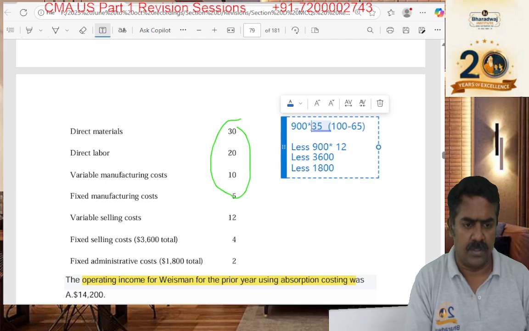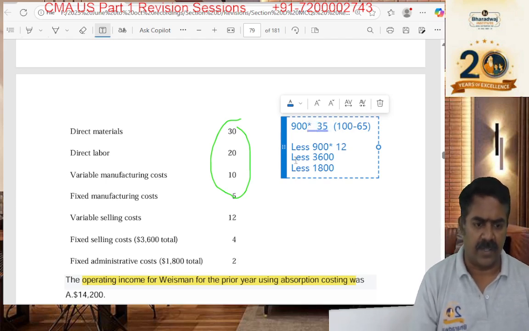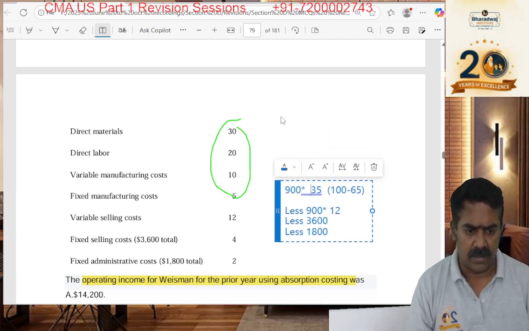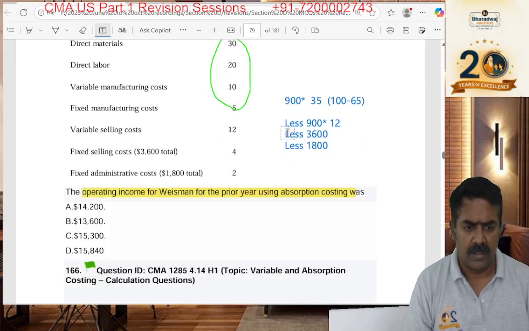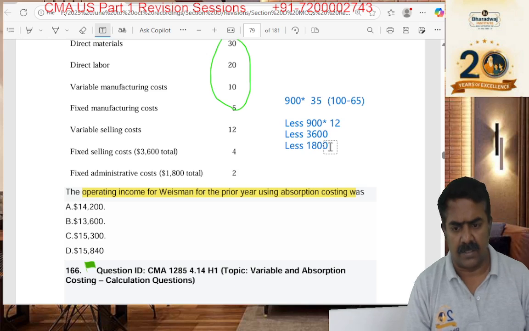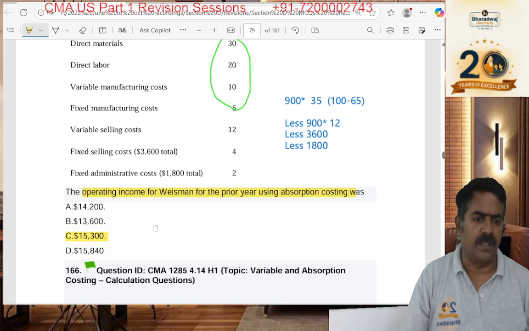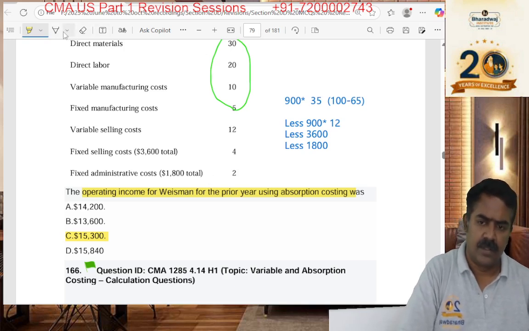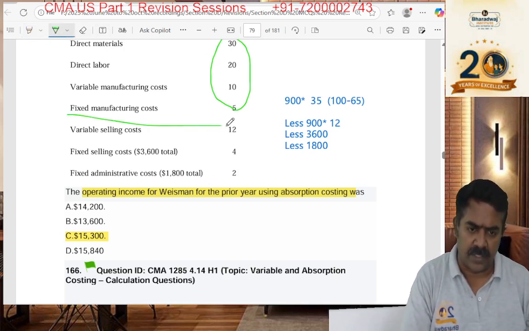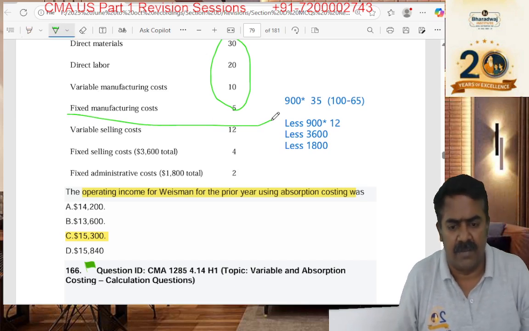So do this: 900 into 35 minus 900 into 12 minus 3,600 minus 1,800. What is the answer? 15,300. So we include fixed manufacturing cost also in which one? Inventory cost.